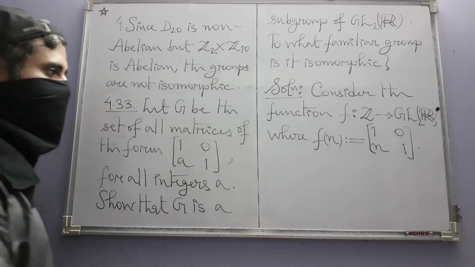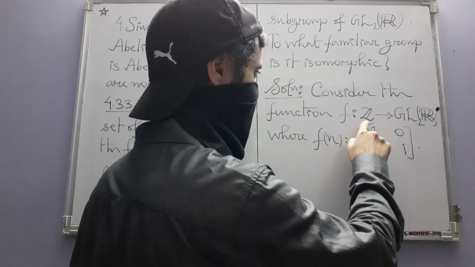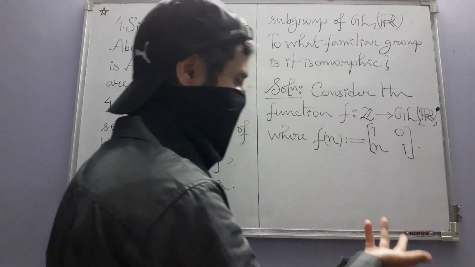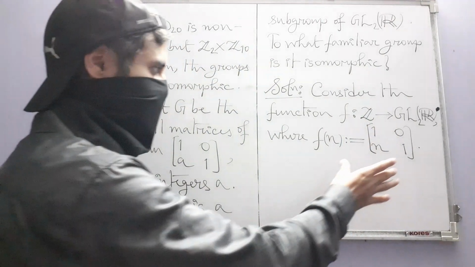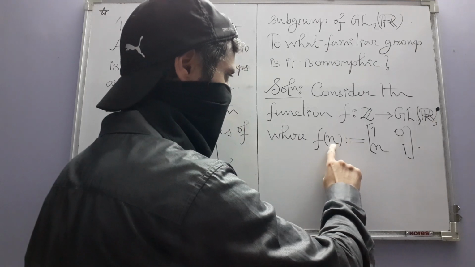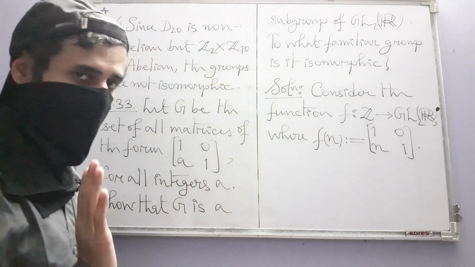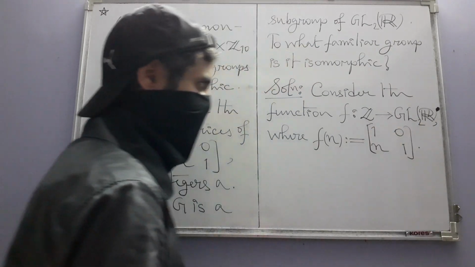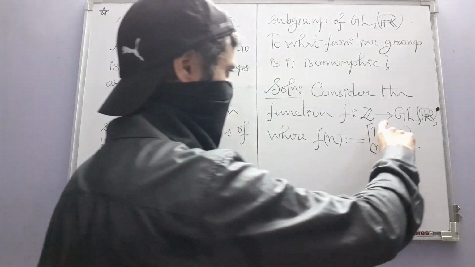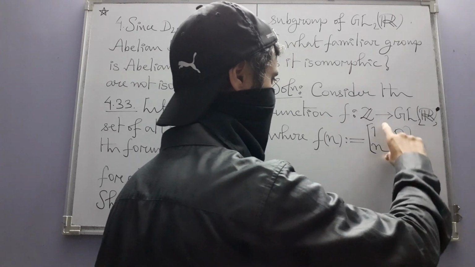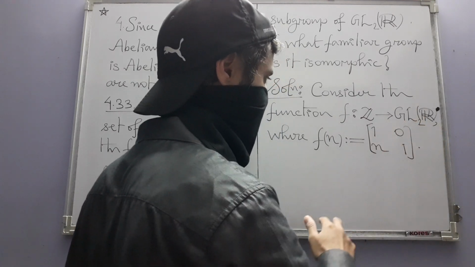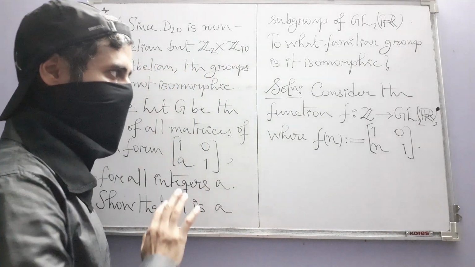Alright, there is no problem with this function. So if you take any arbitrary input n from here, so any integer, then the output is this matrix, which for given n is a unique matrix. But is this matrix here? The only condition for a 2 by 2 matrix of course to be in this group is that it be non-singular.